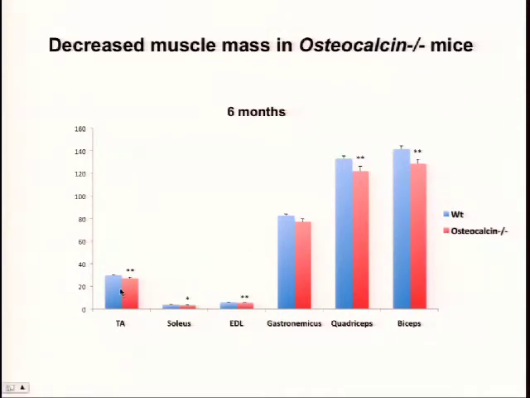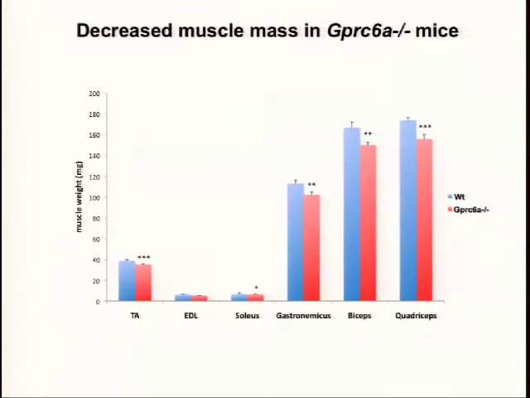Whether we look at soleus, tibialis anterior, gastrocnemius, quadriceps, biceps, any muscle, there is a 10 to 20% decrease in muscle mass in the osteocalcin null mice. It becomes significant around 6 months of age.